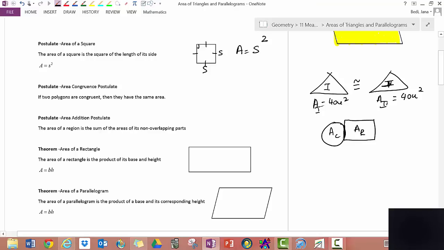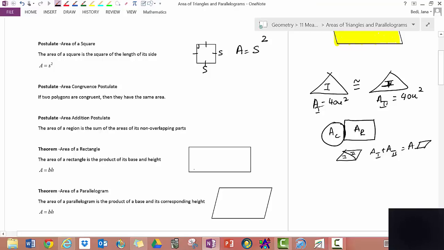That may not be the perfect example. So let's take one triangle and another triangle together. They form a parallelogram. You would add the area of triangle 1 and the area of triangle 2 equals area of the parallelogram.